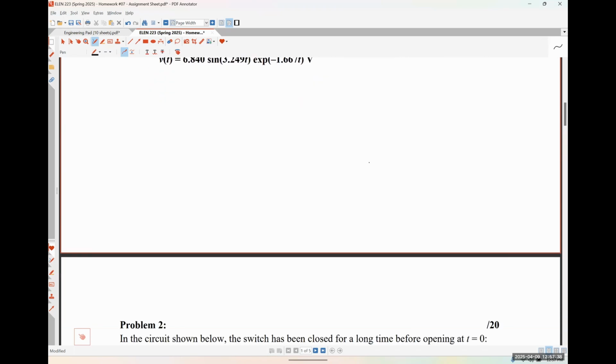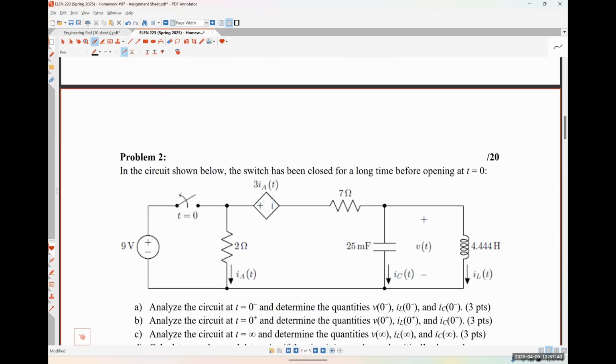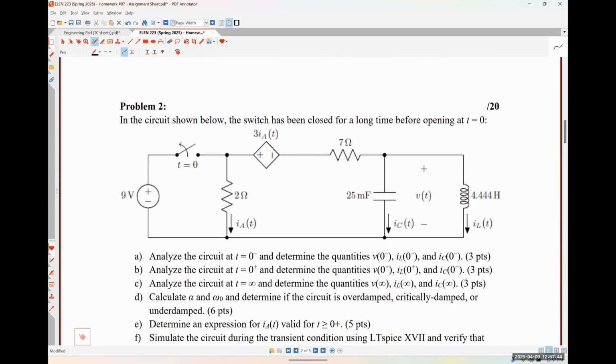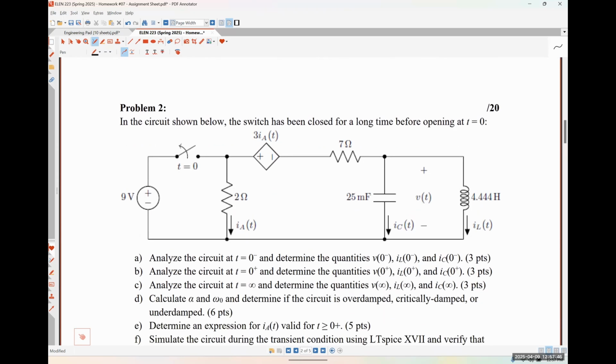For problem 2 here, let's see. Ultimately, I'm trying to solve for IA.